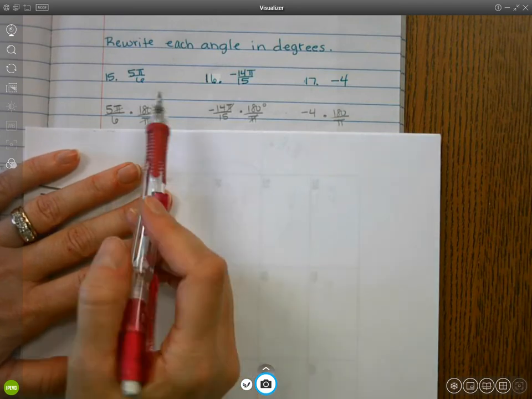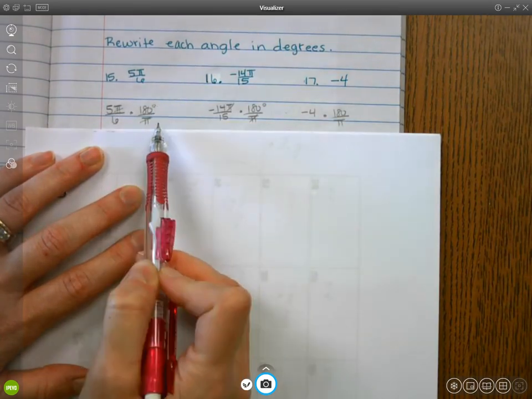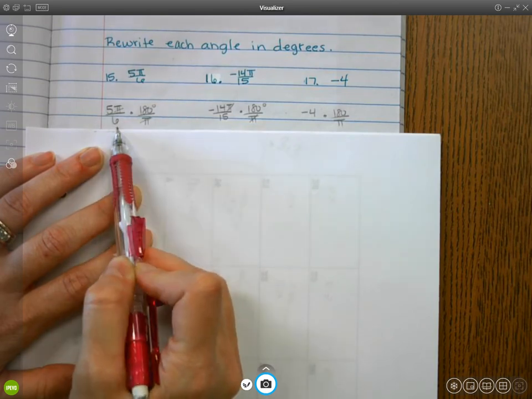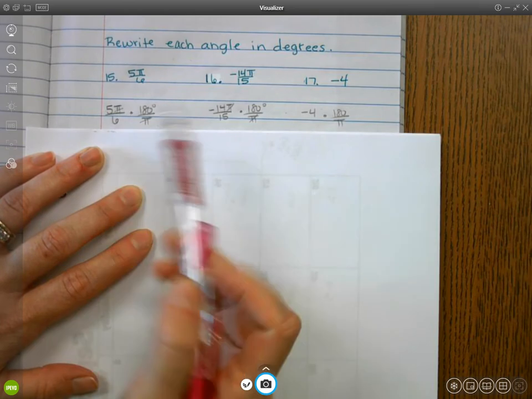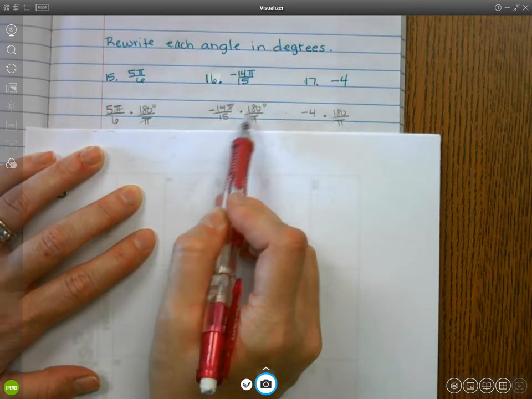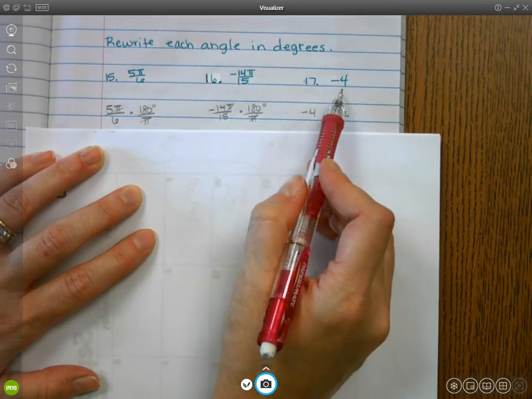If I am giving you radians, you multiply by 180 over pi. The pi's cancel. So my calculator, I'm just doing 5 times 180 divided by 6. All right, same thing here, pi's cancel. So negative 14 times 180 divided by 15. This one doesn't have a pi because it's just negative 4 radians.